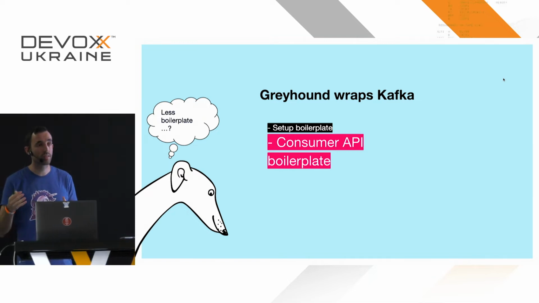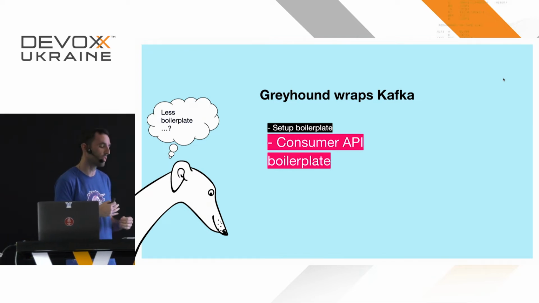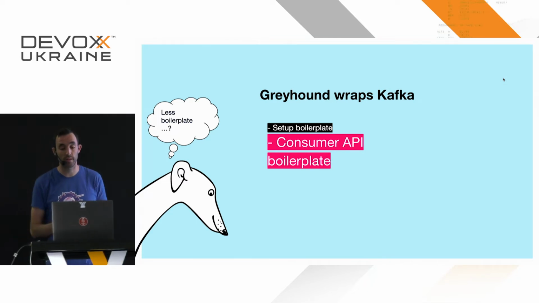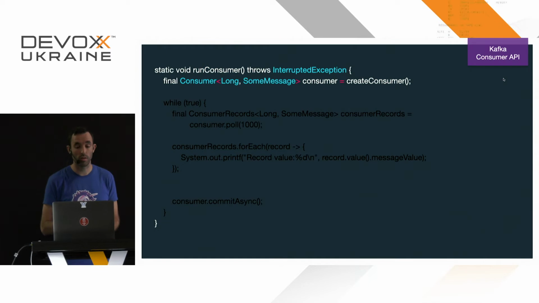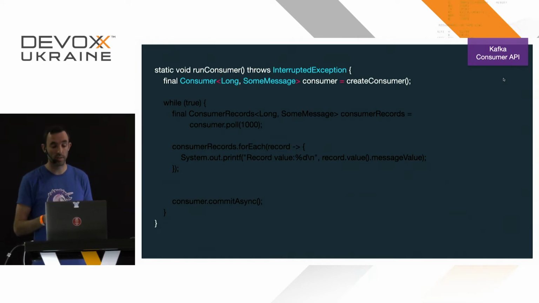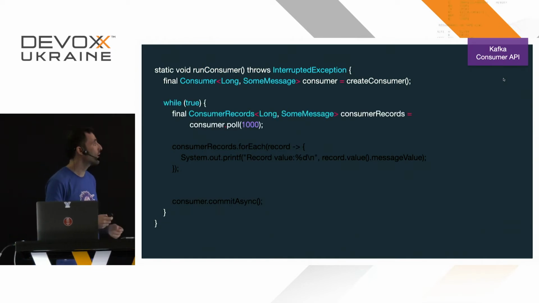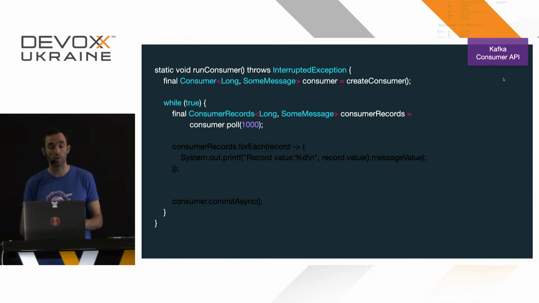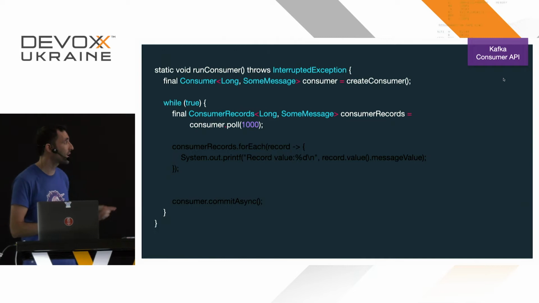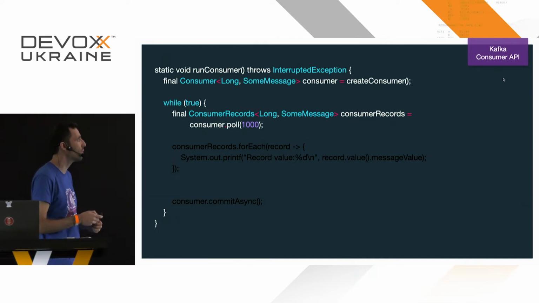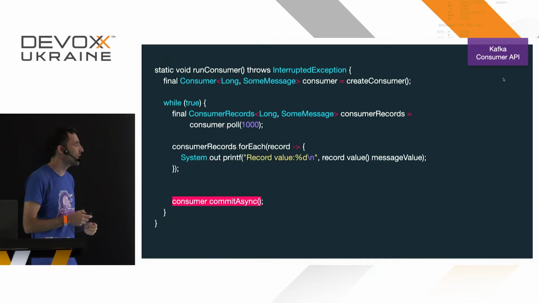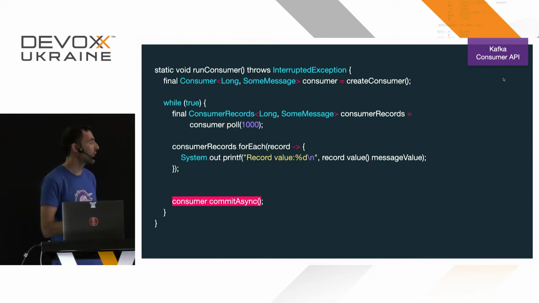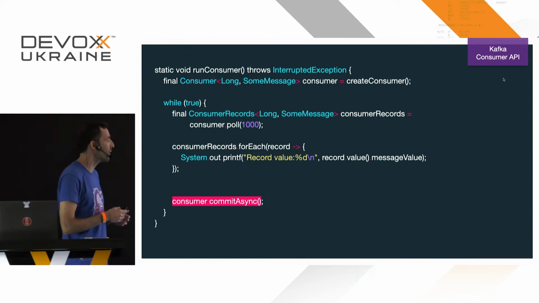So we talked about setup boilerplate, but the consumer API with Kafka also has a bit of boilerplate. So we created a Kafka consumer, and now we're probably going to have an infinite while loop where we decide how many messages we're going to poll, and then we process each message one by one.